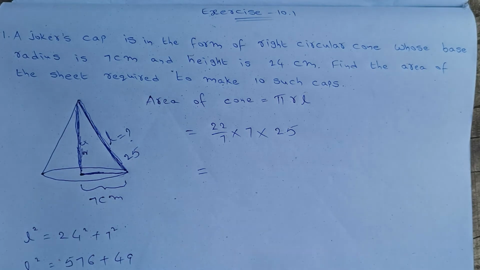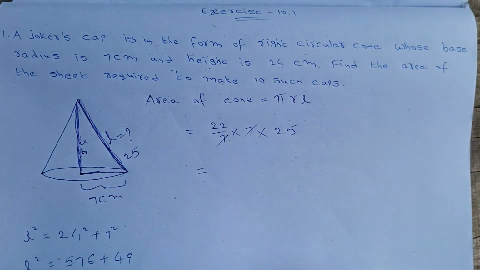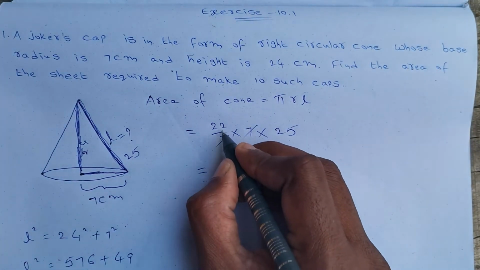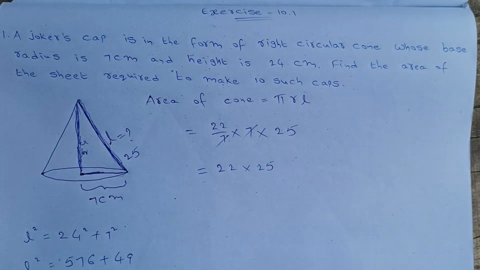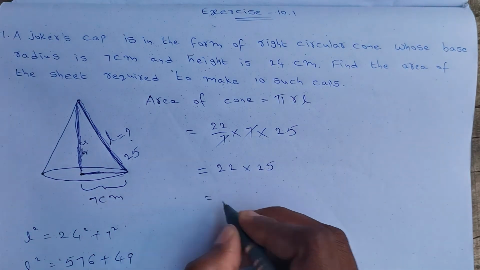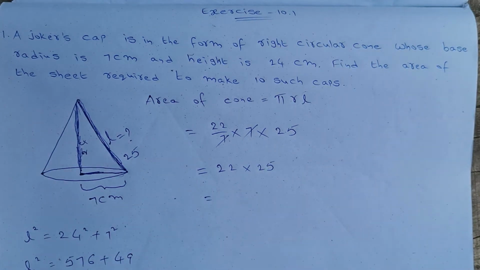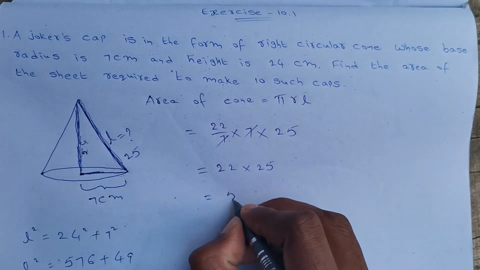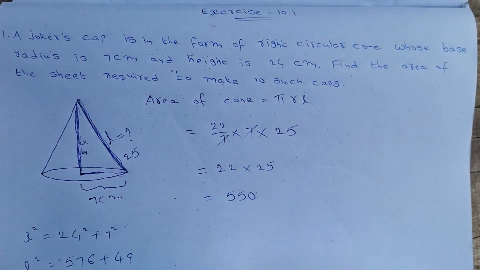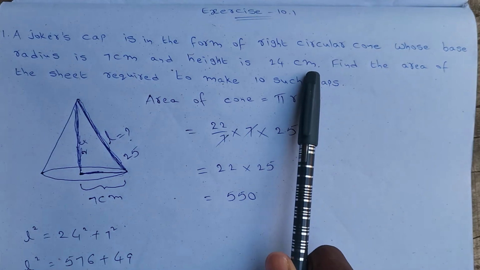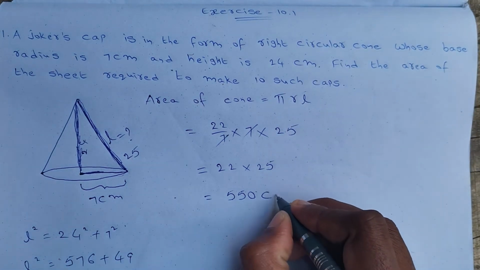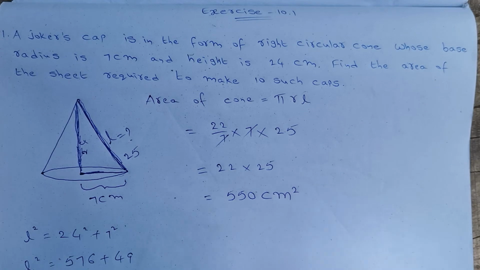Here 7 will get cancelled, so we remain with 22 into 25, which is 550. And we are finding area, all the measurements are in centimeters, so this will be centimeter square.